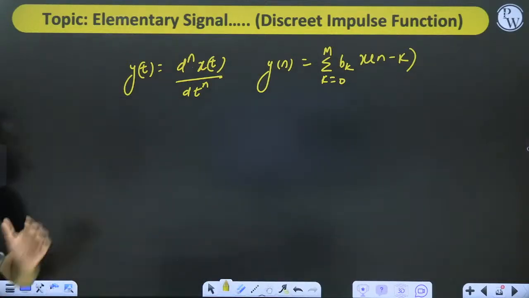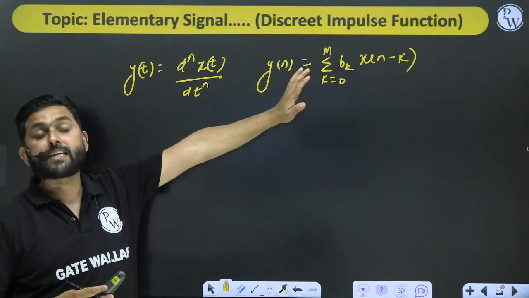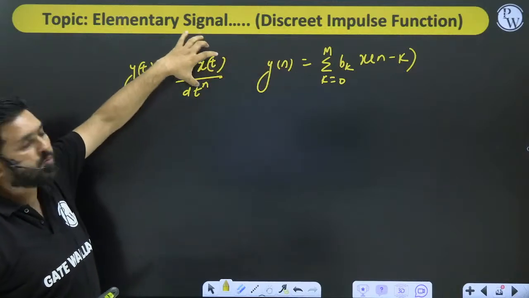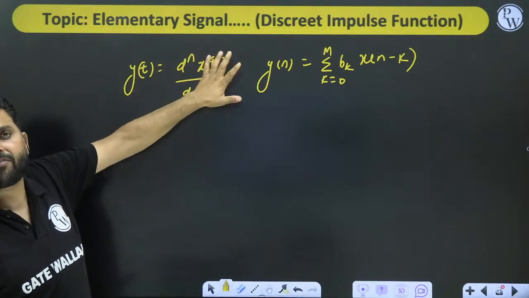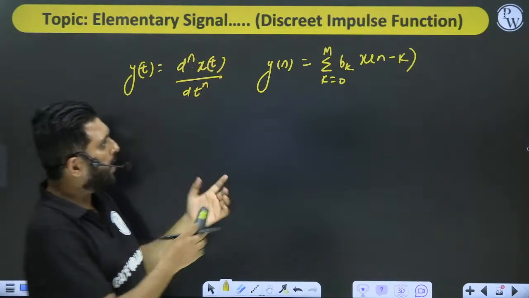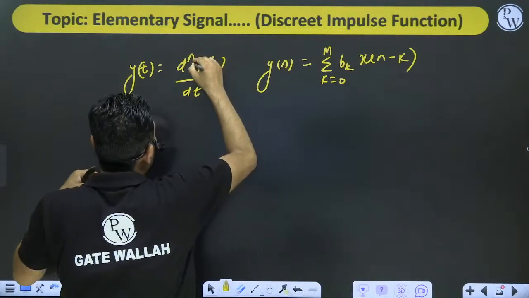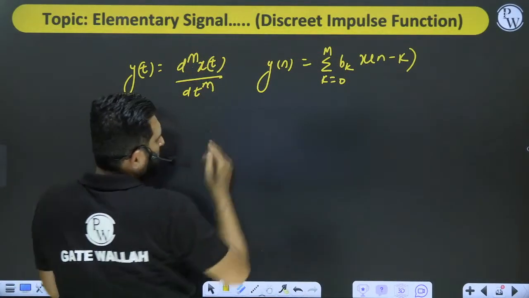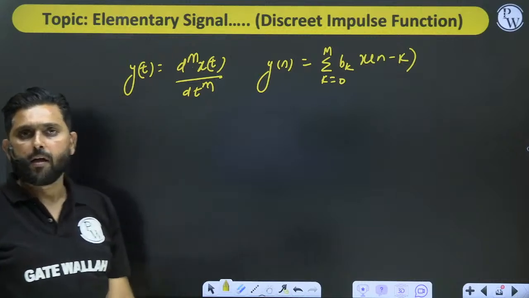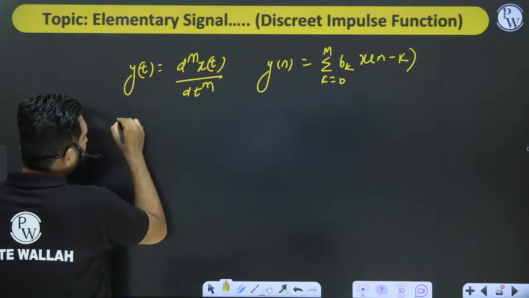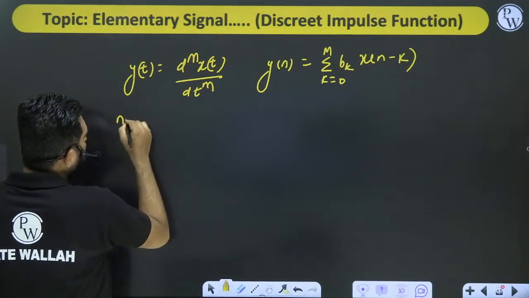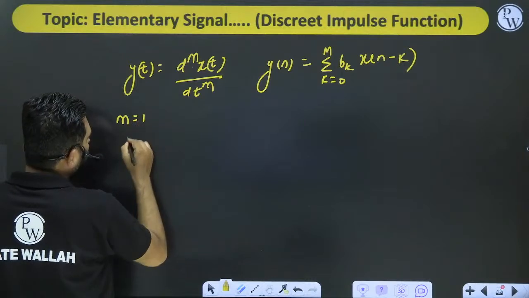This is the kth differential equation. Let's call it m, so that the same power should be there. For example, if you put m equal to 1, then what will you get?